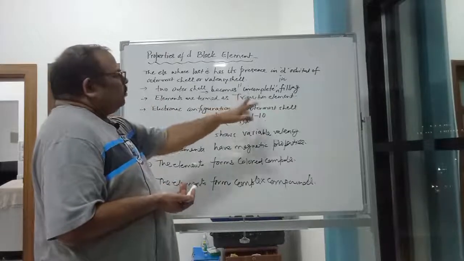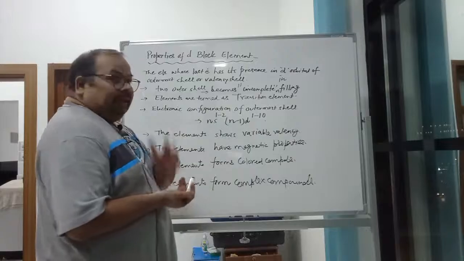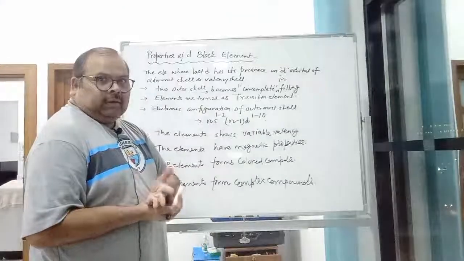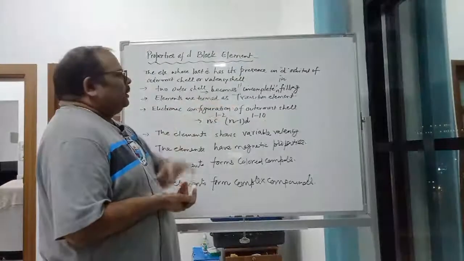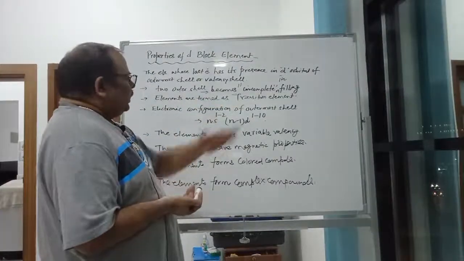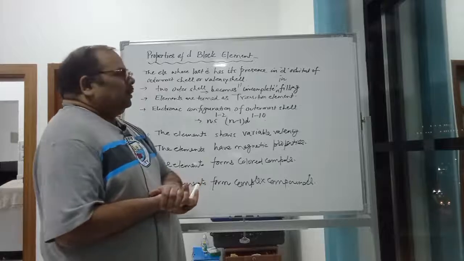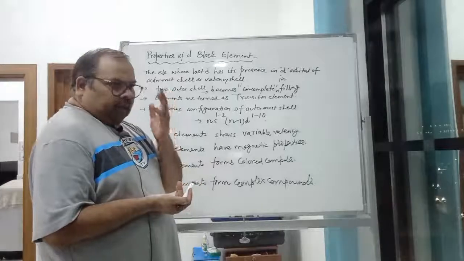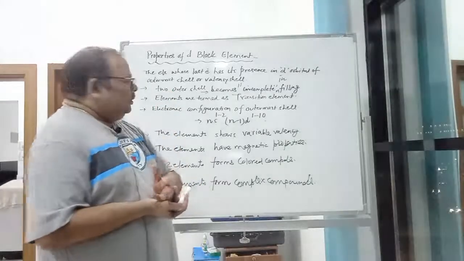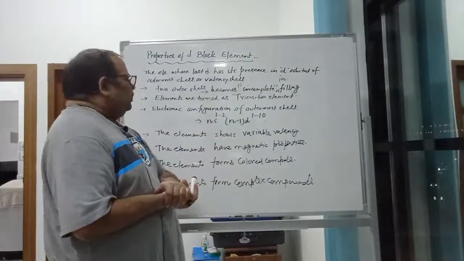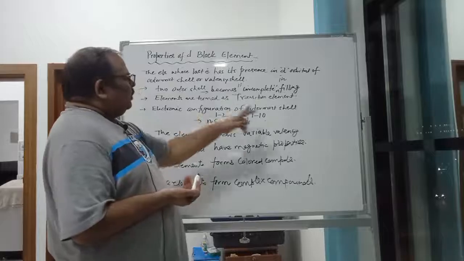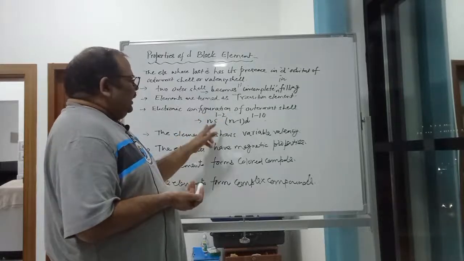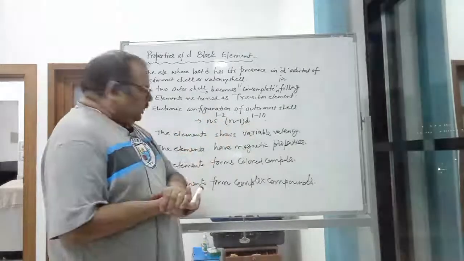Elements are termed as transition elements in the gaseous atom phase. Understand my point. In their original condition, they are termed as transition elements, where the d orbital is incompletely filled. The electronic configuration of the outermost shell will be ns 1 to 2, (n-1) d 1 to 10.